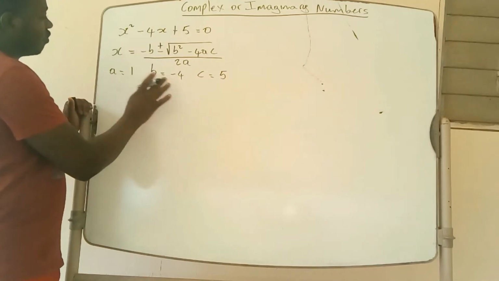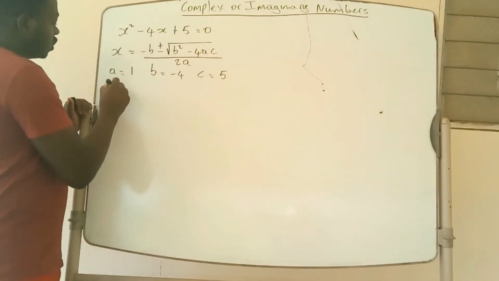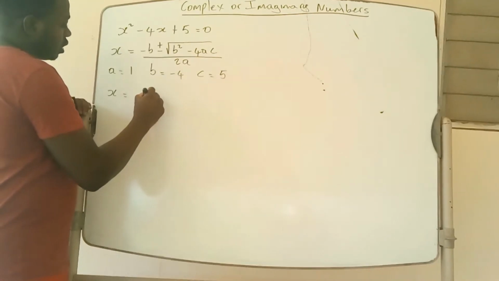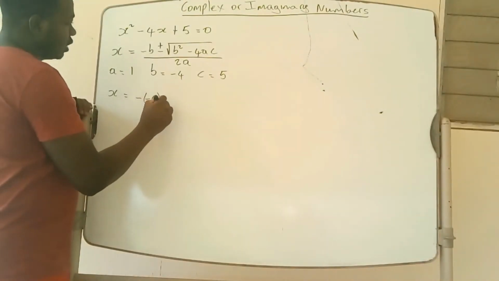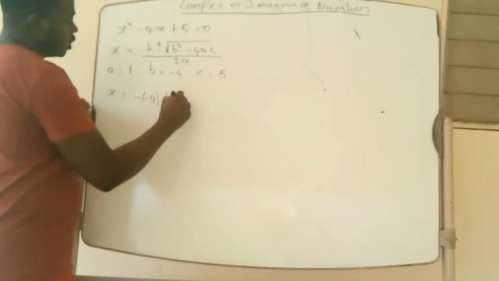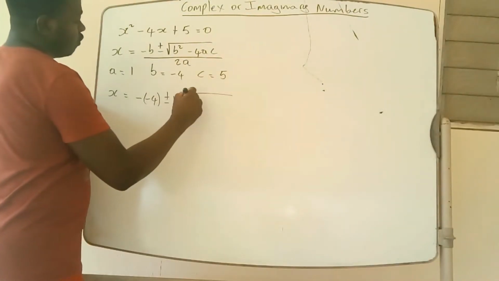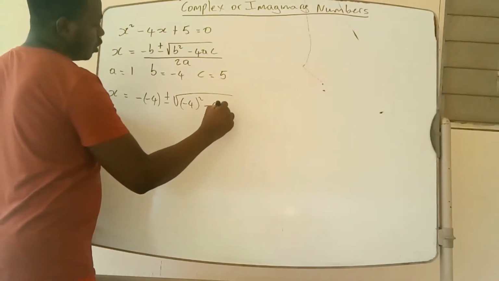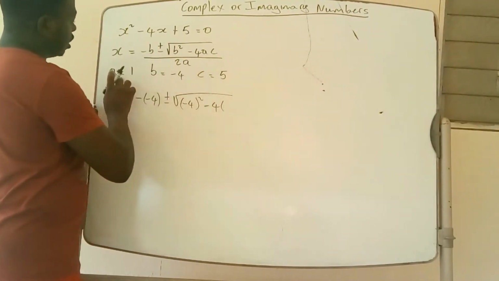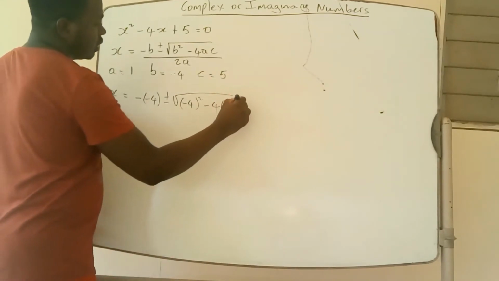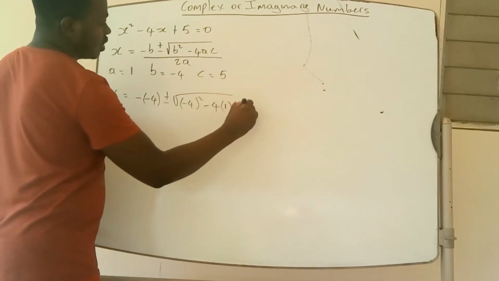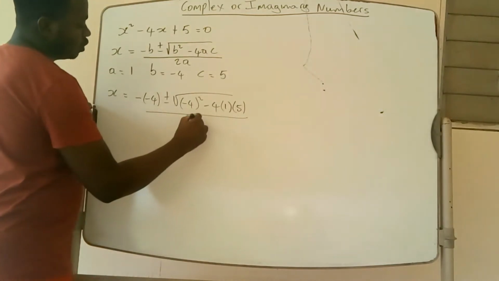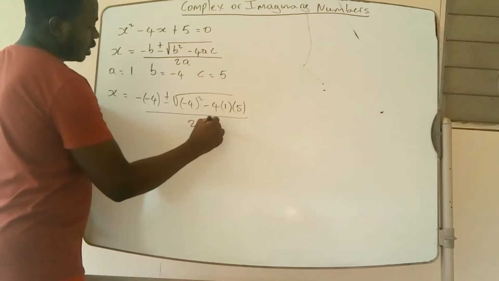Now we can plug these values into this formula, right? So x equals minus negative 4, plus or minus the square root of minus 4 all squared, minus 4 times a, which is 1 in this case, times c, which is 5, all of that divided by 2 times a, which is 1.